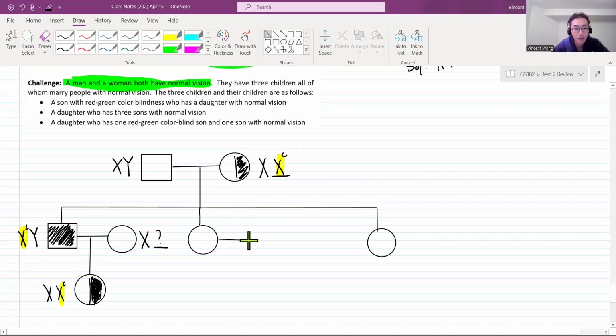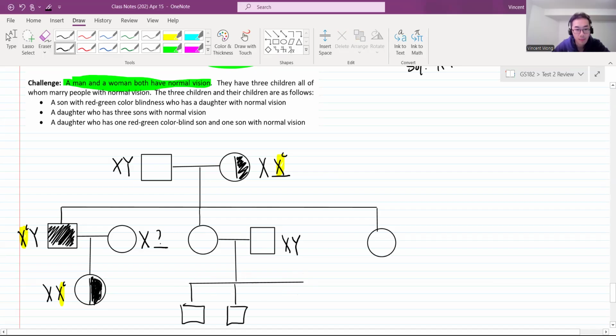Now for the daughter, remember, the question says they all marry normal vision spouses. So this man is XY for sure. And 3 sons with normal vision. All of them have normal vision, all of them are XY.